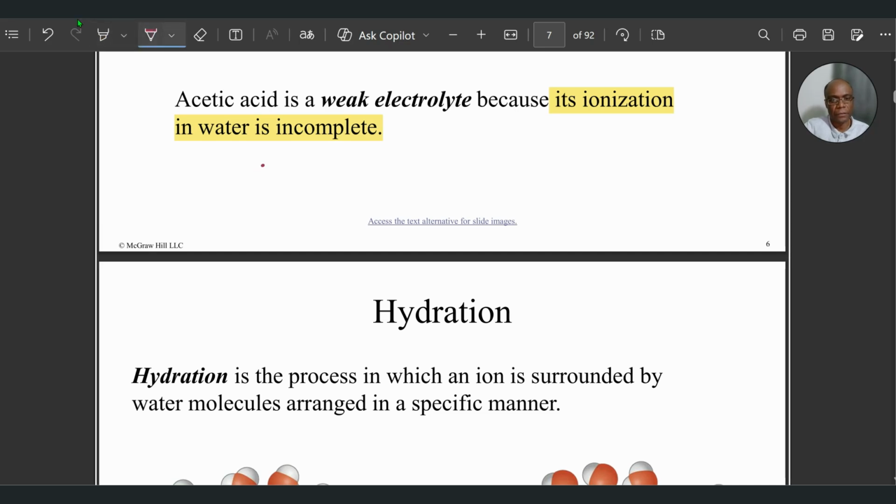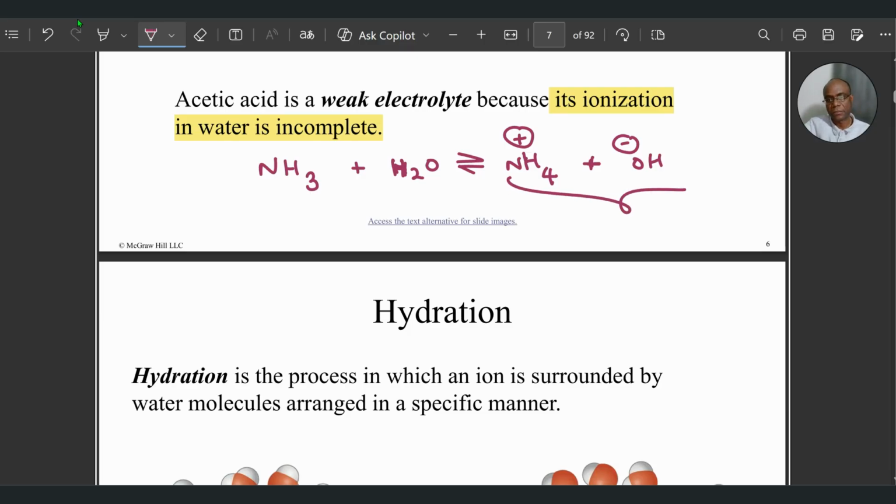The other example I gave you was ammonia. You put ammonia in water, it will partially ionize to give you ammonium, NH4+, not NH3+. That's a cation, and then the anion is hydroxide.